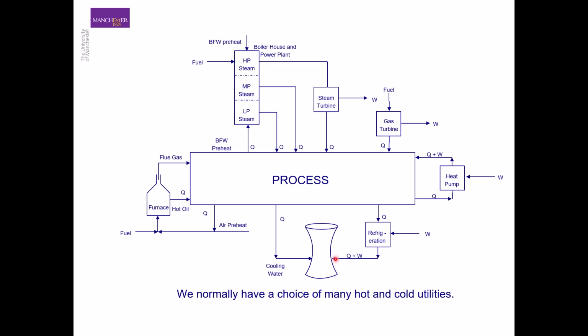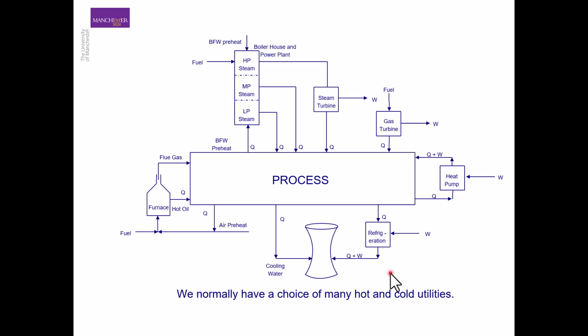And if you want to go below ambient, then obviously we need to use refrigeration. And refrigeration can provide temperatures well below minus 100 degrees centigrade. However, refrigeration systems rely very heavily on compressor power, and as such these systems are very costly.